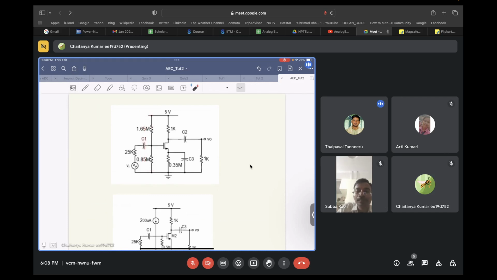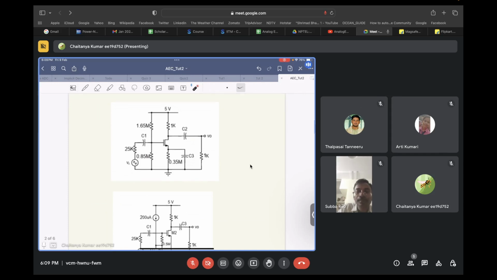During the actual biasing, these capacitors will be open circuit during the DC analysis. There will be some current flowing through the transistor due to the biasing arrangement, and due to that there will be some gm of this transistor.